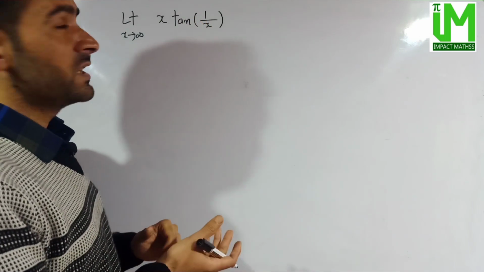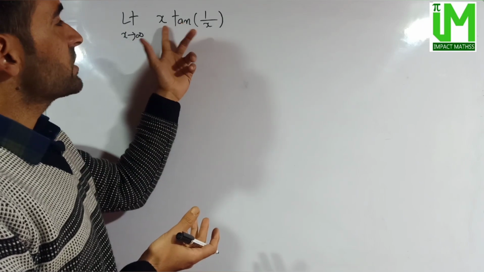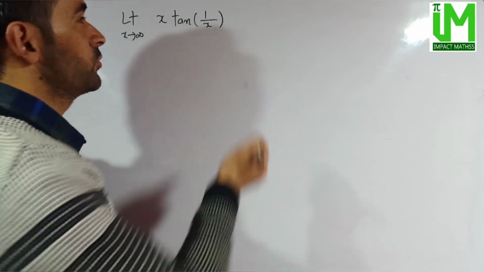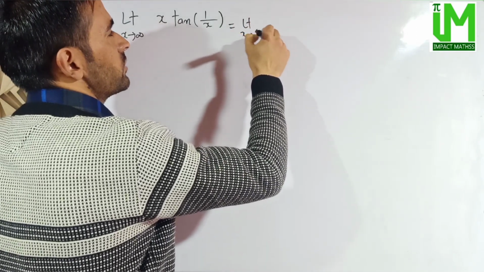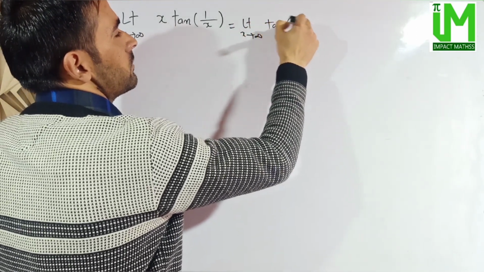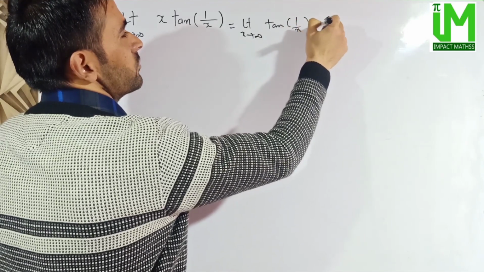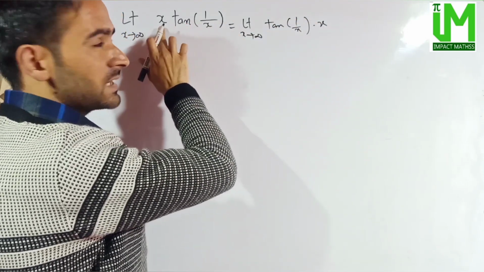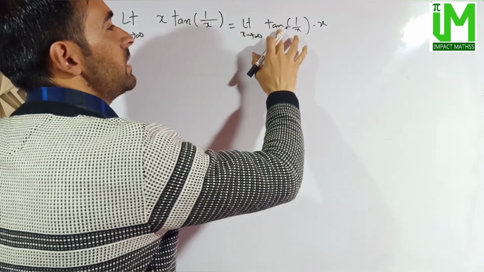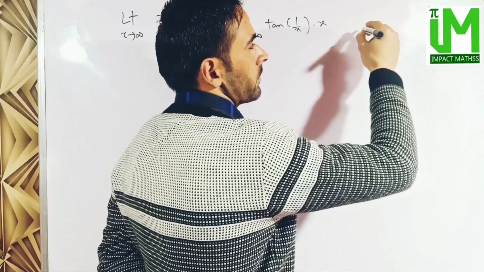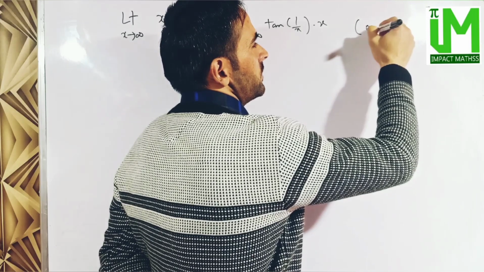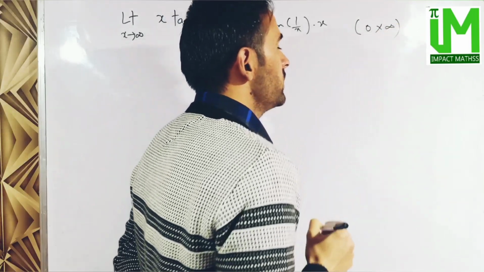Or we can alternatively flip this by commutative property. We can write this as limit x tends to infinity tan of 1 by x into x. By commutative property, x tan of 1 by x will be same as tan of 1 over x into x. So this is an indeterminate form of the type 0 into infinity.